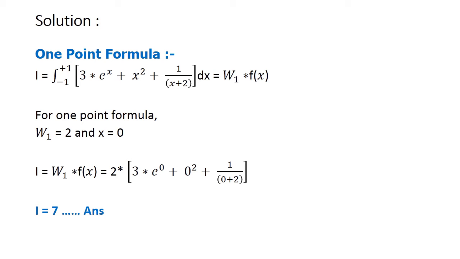Now for the one point formula, the value of w, that is the Weighing function, is 2, while the value of x is equal to 0.